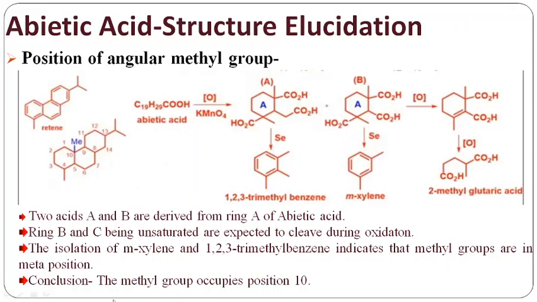The isolation of metaxylene and 1,2,3-trimethylbenzene indicates that methyl groups are in the meta position. So the conclusion drawn is that the position of the angular methyl group is at carbon 10. We have derived the conclusion that the methyl group occupies position 10 on the basis of the products obtained from selenium dehydrogenation.